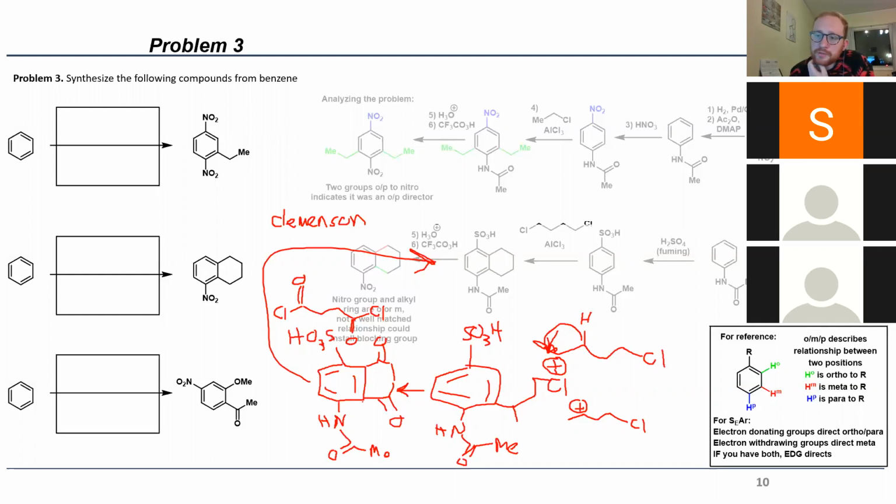The point here is that you could do a Clemmensen reaction with an amide group in place, and it would be fine, despite the fact that there is acid in the Clemmensen reaction. You could probably do it in such a way that it leaves the amide on. It's just an operational thing. Any more questions?